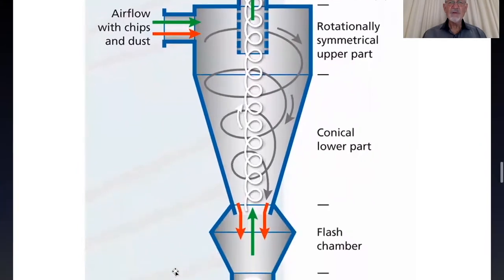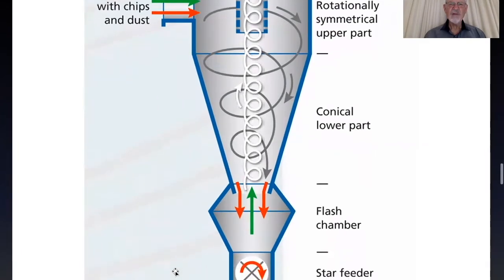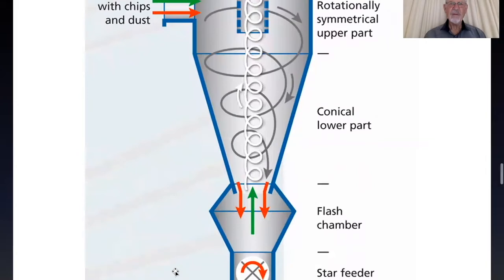They work on the principle that the swirling air contacts the sides of the cyclone and slows it down, and the dust solid particles are precipitated, or they're dropped out of the slower air, and their velocity is decreased, and they drop down through gravity into the flash chamber. That's not absolutely necessary.